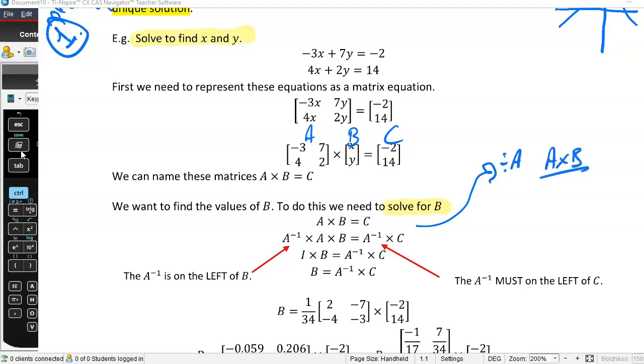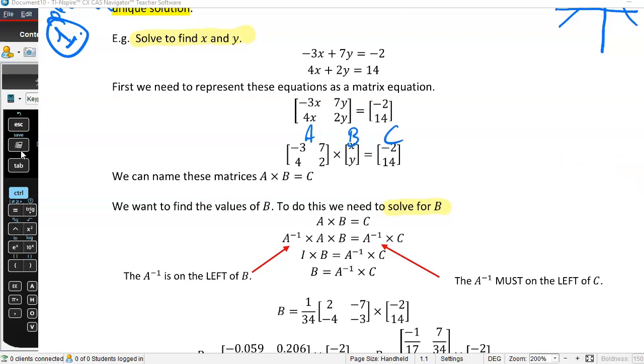So I'd divide by A and then C divided by A. But this isn't algebra, this is matrices, okay? So we can't divide, we don't divide with matrices.